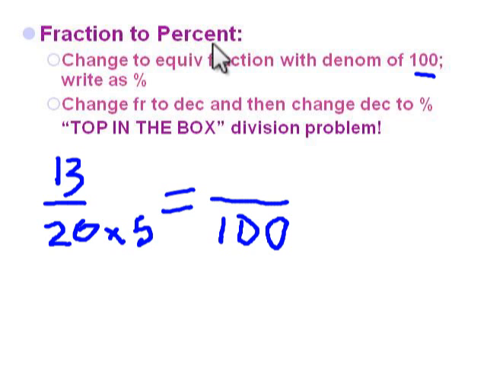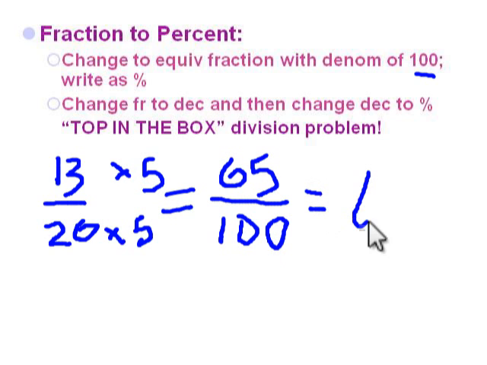Per means out of, and cent is a prefix, or in this case, the root of the word that stands for 100. So 20 times 5 is 100. So what I do in the denominator, since I'm making an equivalent fraction, I do in the numerator. And 13 times 5 is 65. So now I've made it into a fraction whose denominator is 100. And now I have to change that into a percent. And so that equals 65%.